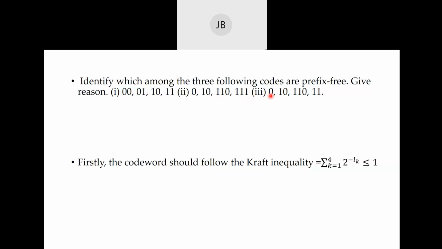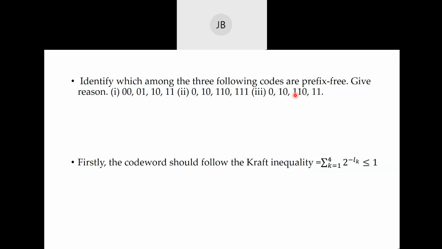Third one: 0, any zeros here? No. 10, any of these code words starting with 10? No. 110, anyone starting with 110? No. 11, anyone starting with 11? Yes, here. This 11 is a prefix of this code word.